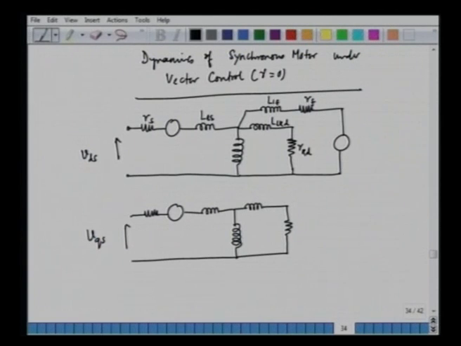Then we have the magnetizing inductance LMD, and this is the field voltage VF. The field current is IF, the damper current is IKD, the stator current is IDS, and this is the back EMF with this polarity, omega E into psi QS.